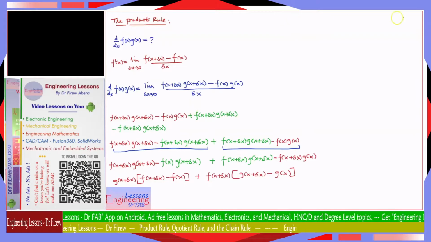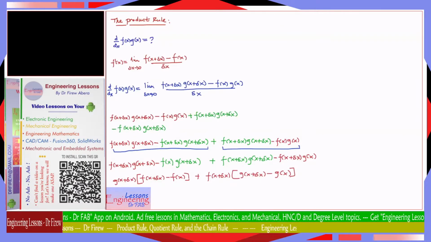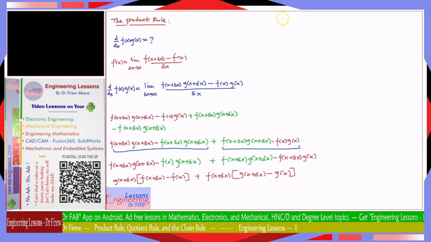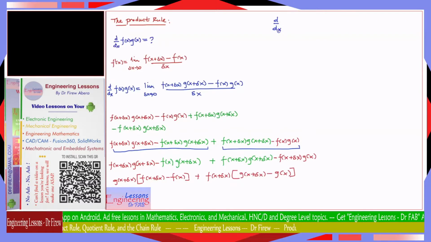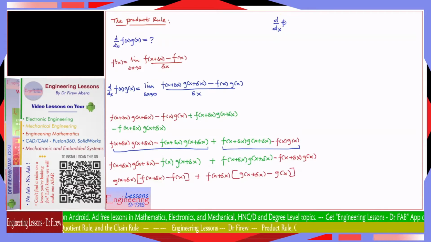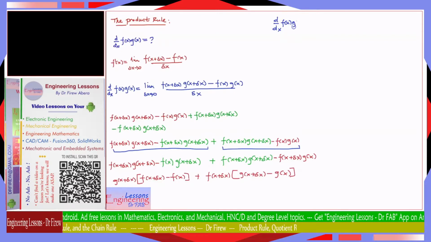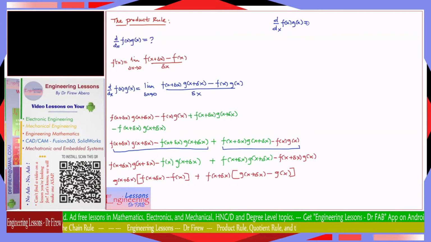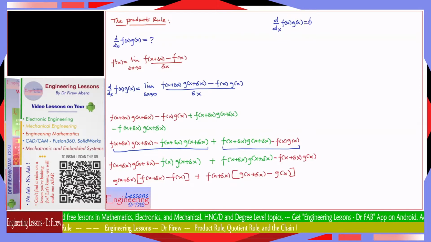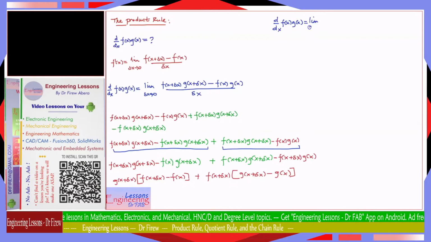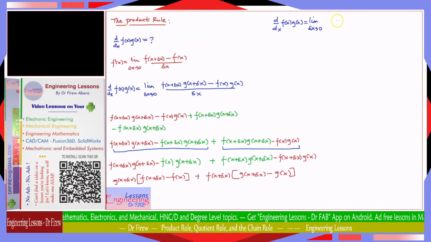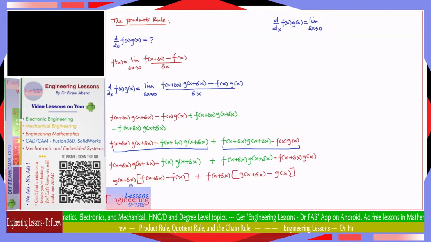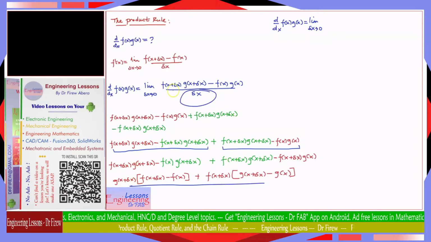Now we can write d by dx of f of x times g of x equals the limit as sigma x approaches 0 of that expression over sigma x.